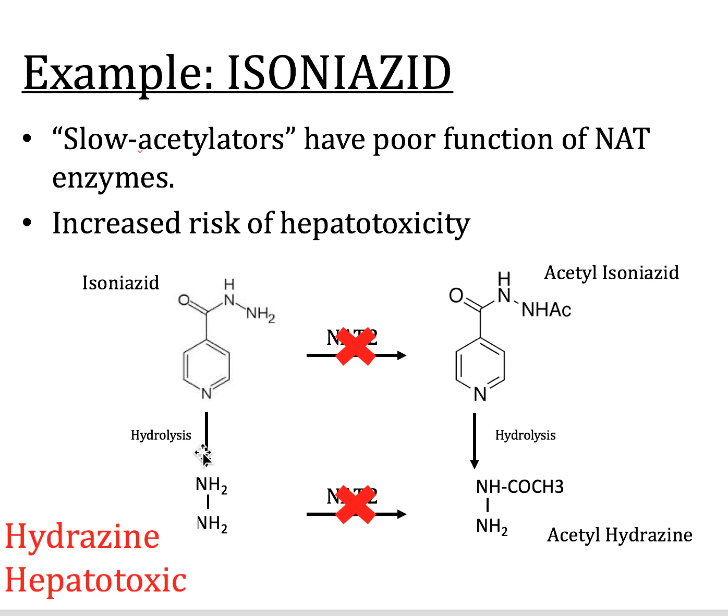It usually ends up forming NH2, which is here. So it gets rid of all of this, and that bit comes here, which forms hydrazine, which can be quite detrimental to the liver. I hope you understand that.